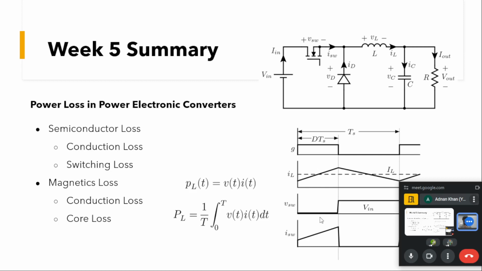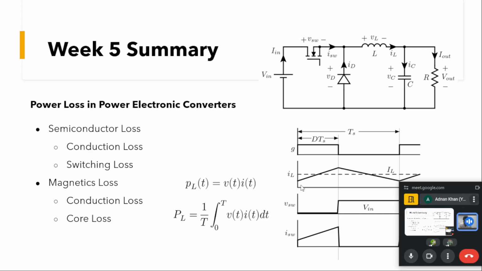You see the current is not constant and it varies in a particular DTs interval. Even if we assume the RDS or the voltage drop is constant, due to the variation in this current the power loss also varies over this DTs interval.